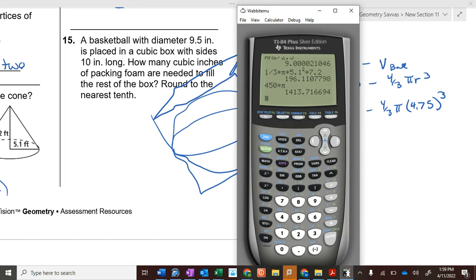So if we take 1,000 minus 4/3 pi, then 4.75 raised to the third power cubed.